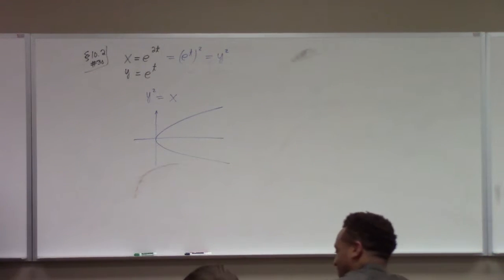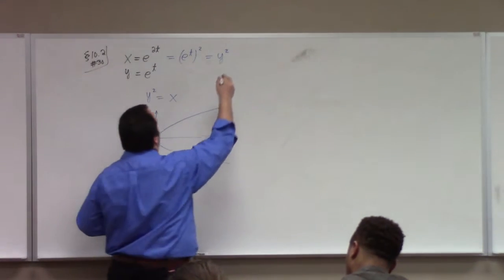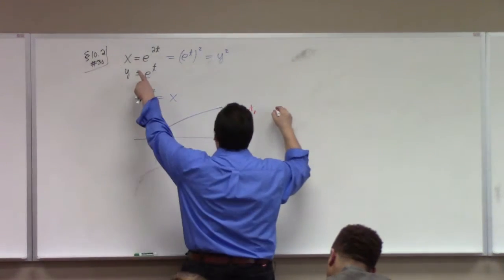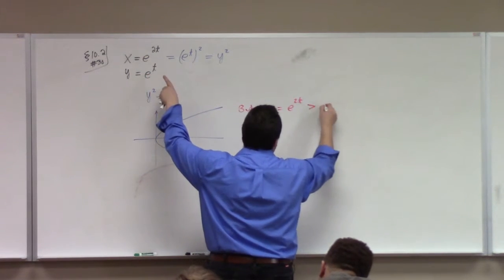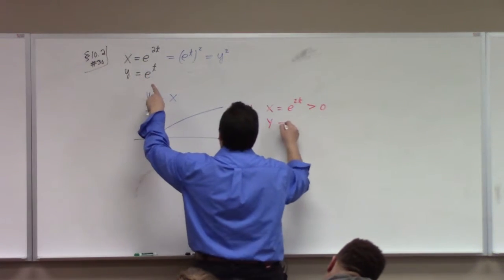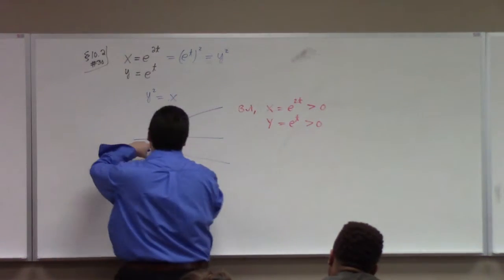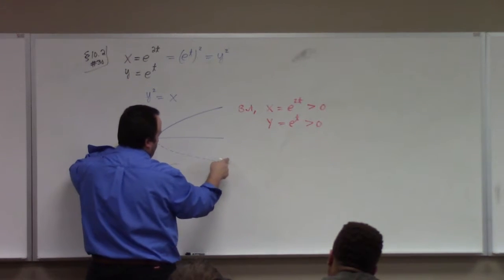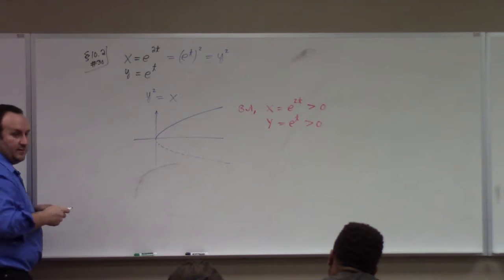Now, however, there's fine print here. Notice that x equals e to the 2t is positive, and y equals e to the t is positive. So this part, while it's in the Cartesian equation solution set, is not part of the parametrized curve.